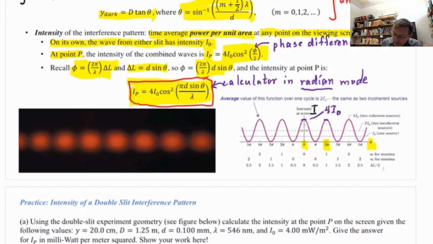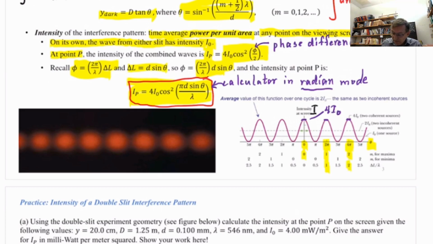And whereas the central maximum corresponds to m equals 0, this next maximum corresponds to m equals 1 and to a path length delta L of 1 wavelength. The next peak, again at intensity 4 I0, is with a phase difference of 4 pi, m equals 2, and a path length difference of 2 lambda.